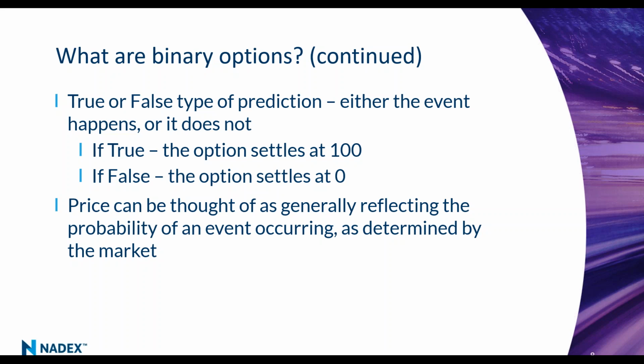If something's trading at 80, the market at that point in time is pricing the probability of that event occurring at 80%. It is 80% likely, according to the market, that this statement is going to be true and settle at 100, which means there's still a 20% chance that this statement could come out false.